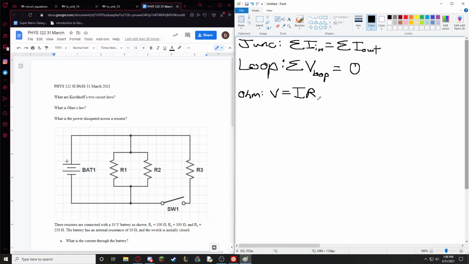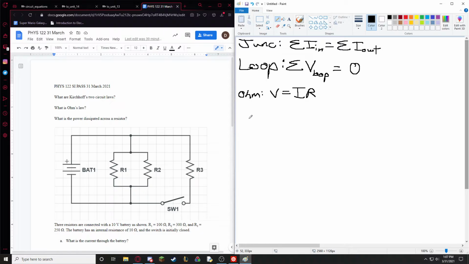And that will apply for every single example of something you'll see in this class. There are further things where you have non-ohmic devices that don't follow Ohm's law, but that's a story for another time, for 300 level physics classes, if you're a physics major or going into electrical engineering.